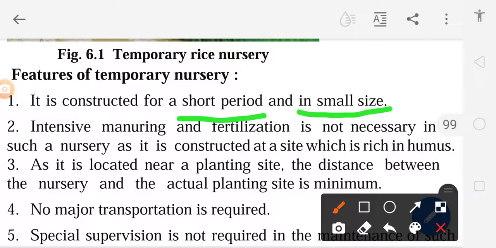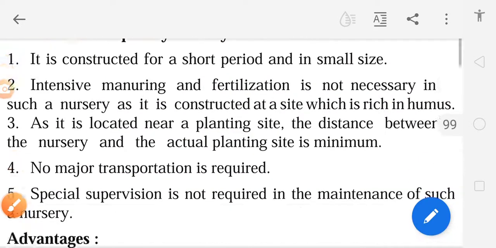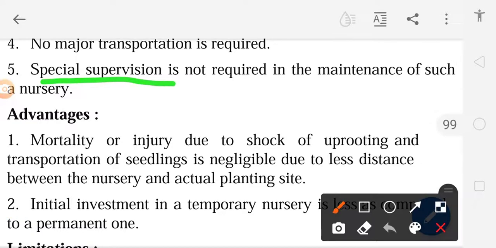It is not necessary to have much fertilization or heavy manuring. In the localities available near the planting sites, these small nurseries can be prepared. So no major transportation is required. And another feature is that no special supervision is required in the case of the temporary nursery.